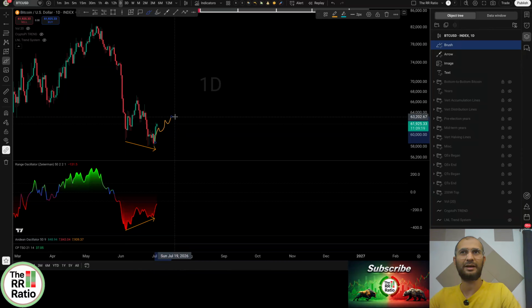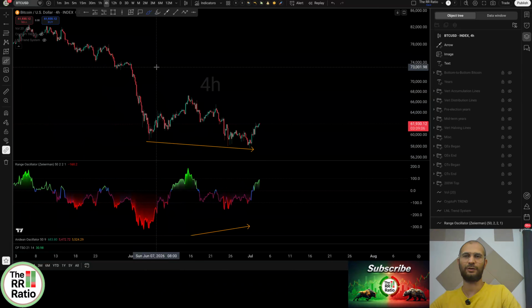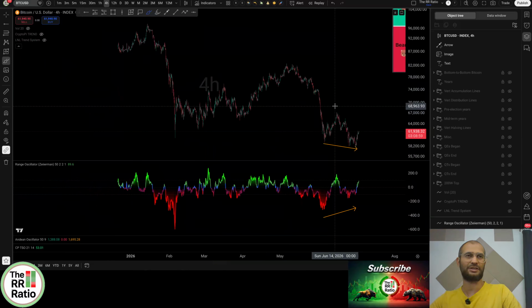And since it is on the daily time frame, I would assume that there is more strength in this price action compared to if the divergence were only on the 4-hour time frame. But if you look at the 4-hour time frame, it is still a bullish divergence.